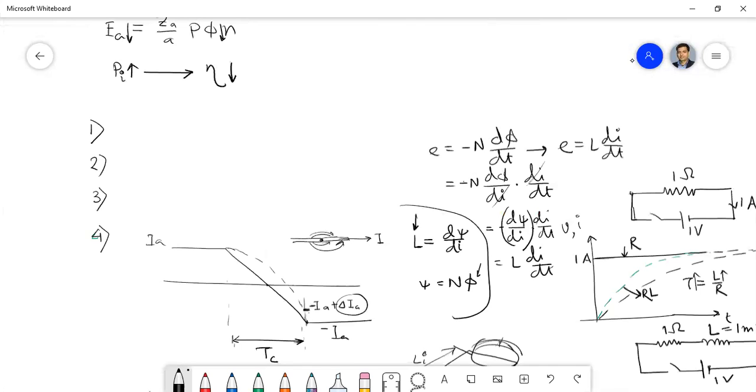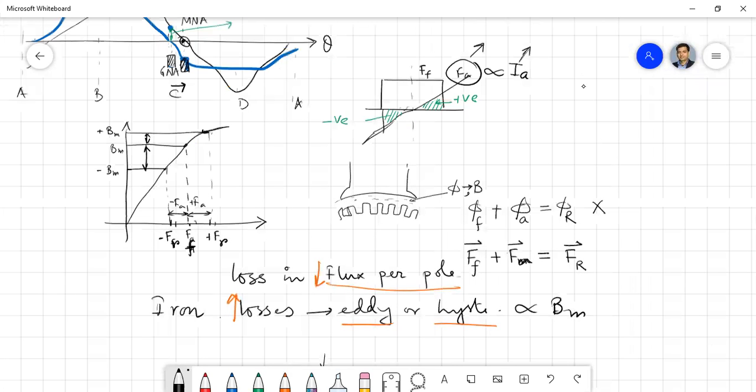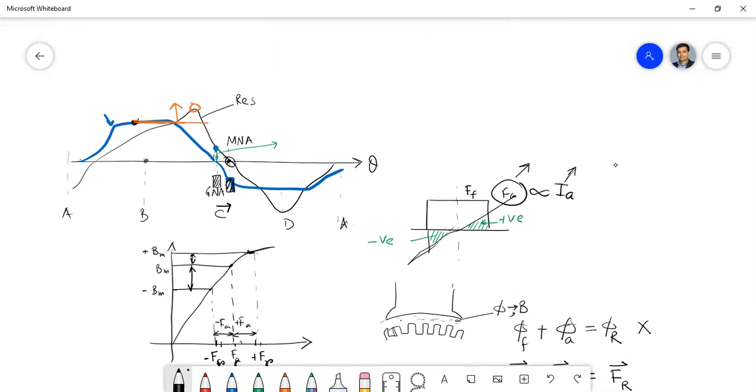Let me try to explain the point better. The effect of armature reaction increases if we go far from this point. At this center point the armature reaction is minimum, because the armature mmf is 0 at that point. If we go far away from this, then we'll get the maximum effect.